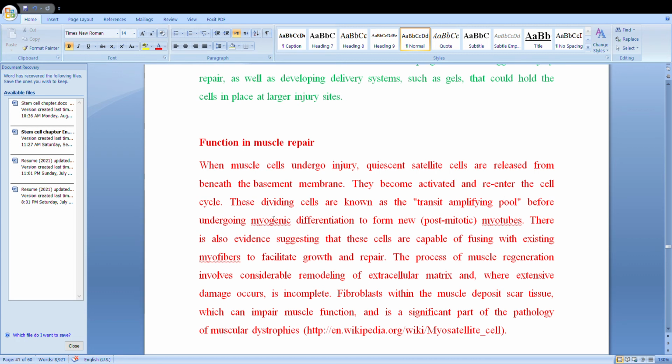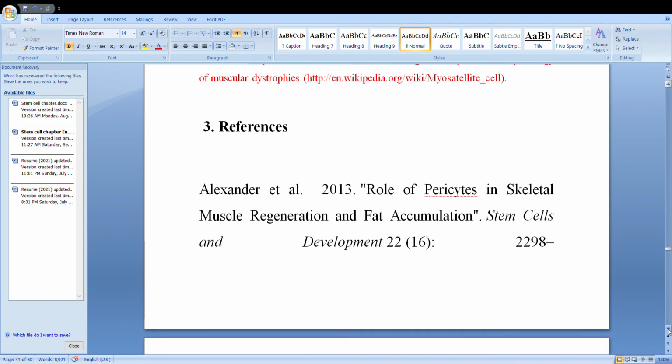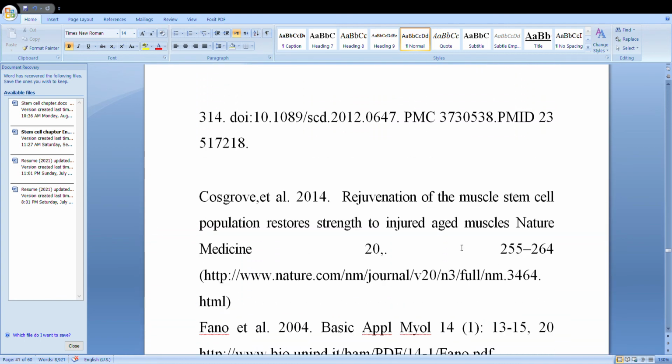Then these dividing cells, known as transit-amplifying pools, undergo myogenic differentiation to form new post-mitotic myotubes. This is how it works, as I mentioned. Now the references here we can see, some references.